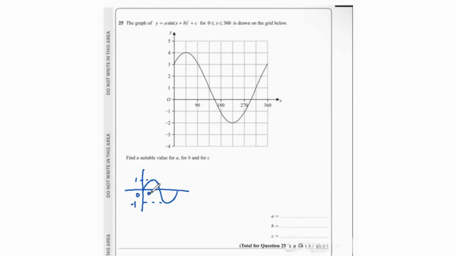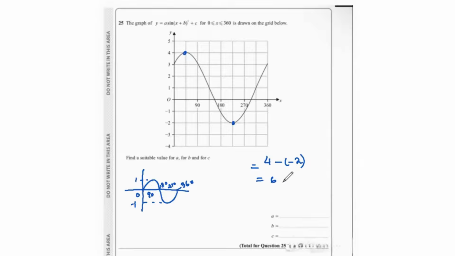This is 0, 90, 180, 270, and this is 360. So this maximum value is at 4 now, and minimum is at -2. So 4 minus -2, that's going to be 6.